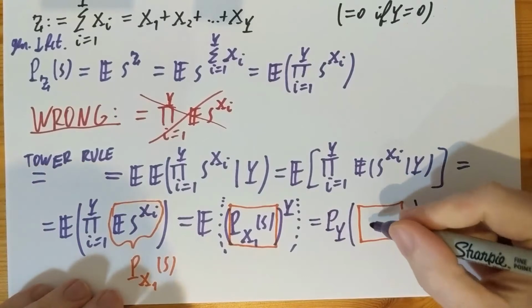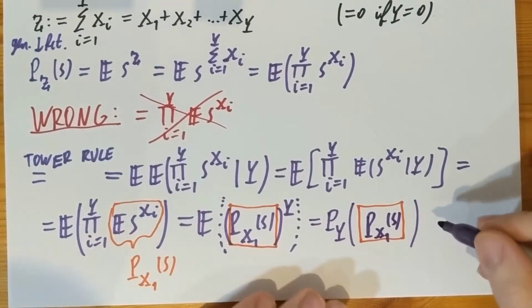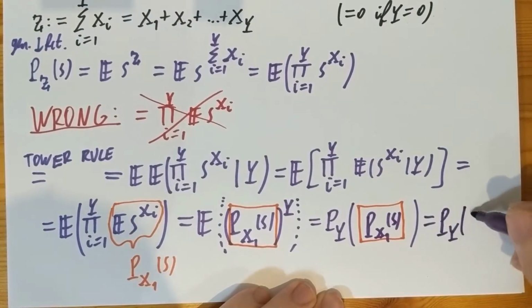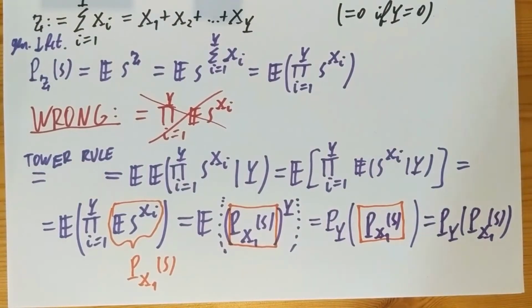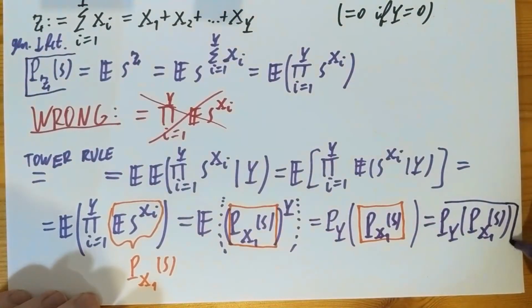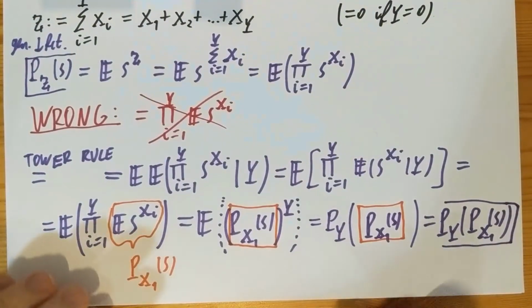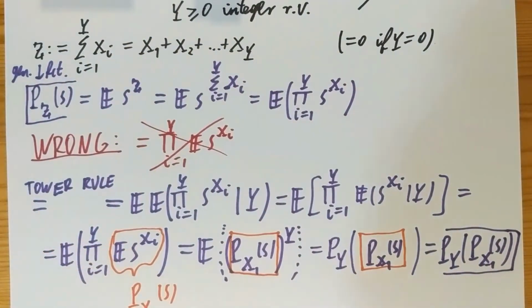Well, that is the generating function of x1 or any of the x's at s. So what I conclude is that the generating function of this random sum is p of y of p of x of s. It's a composition of the generating functions for y and x. Okay, so that's the main point of this little video: take the composition of generating functions and that will give you the generating function of a random sum like this, at least for non-negative integer variables.